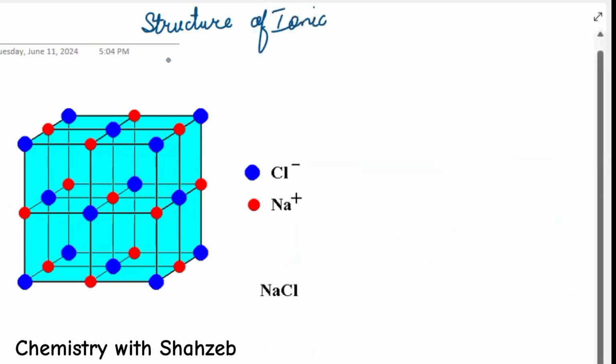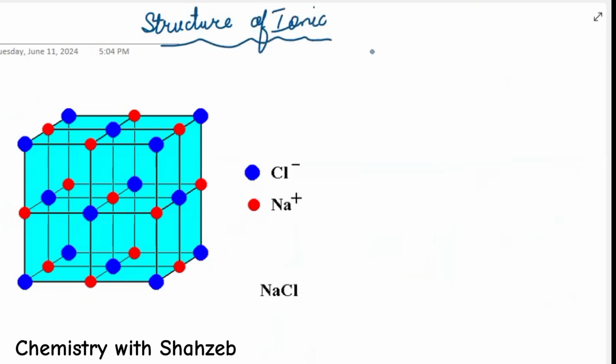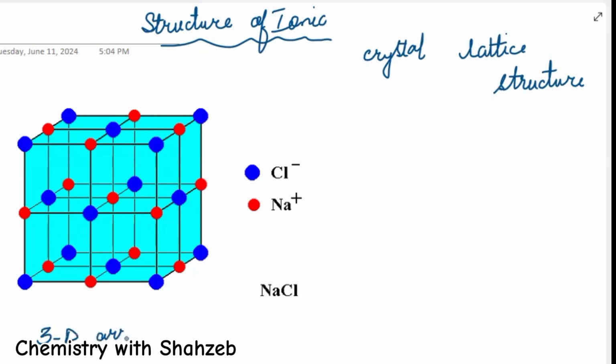Ionic compound would be having a crystal lattice structure. Why are we calling it a crystal lattice structure? Because it is having a three-dimensional arrangement of ions.